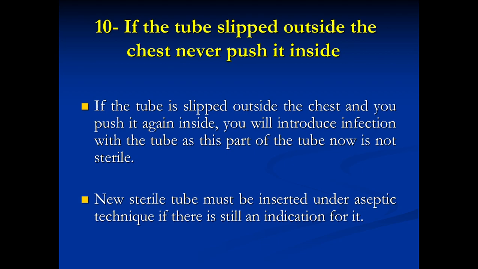Because if you do that, you will introduce infection inside the chest cavity. So at that time, you either remove the tube completely if you don't need it anymore, or remove it and insert another one, a new chest tube, under complete aseptic condition, if there is still an indication for it.